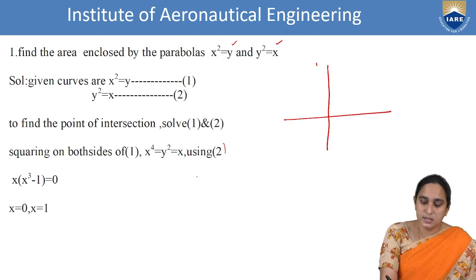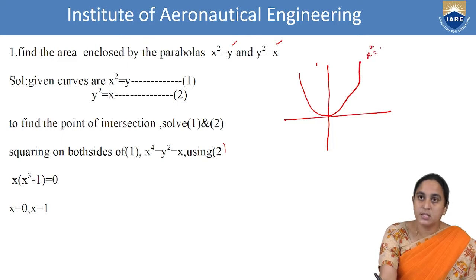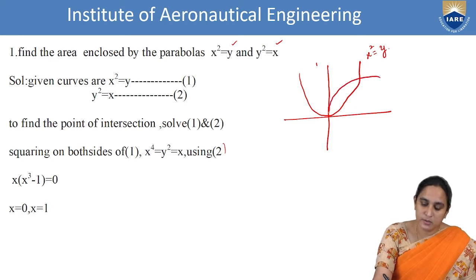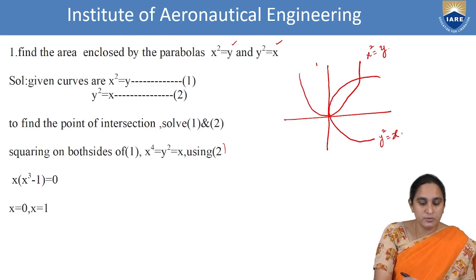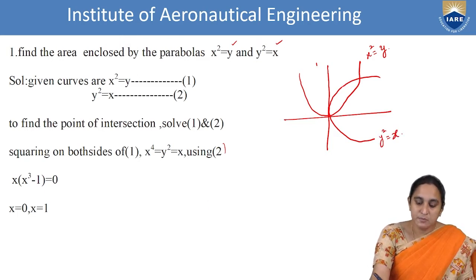That is x square is equal to y, this one. And the next parabola is y square is equal to x. Now we have to find the area in between this region.